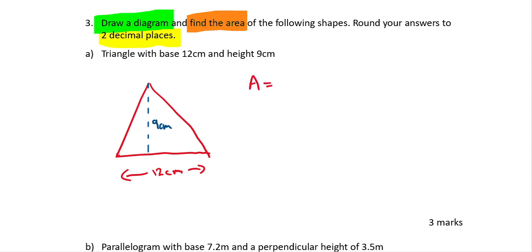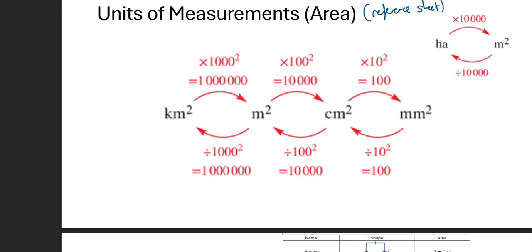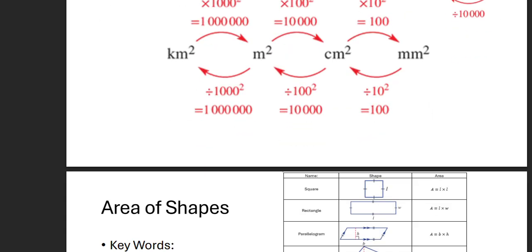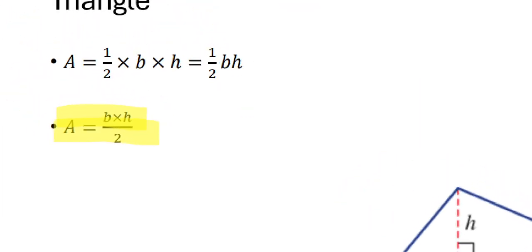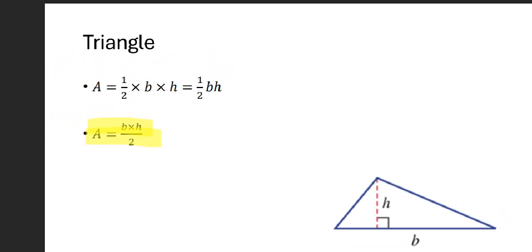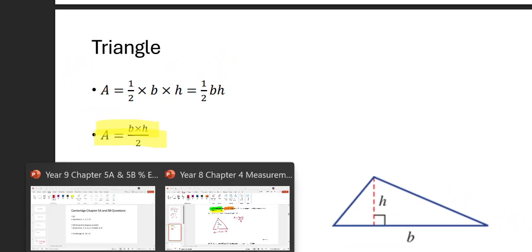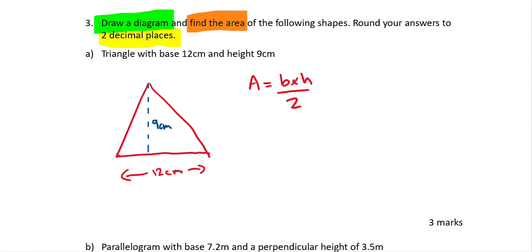The next step is to find the area of a triangle. The formula for the area of a triangle is base times height over 2. If you don't remember it, just refer back to your cheat sheet. It is right here. Base times height divided by 2. Now I know what my base is and I know what my height is, so I'm just going to substitute the values in. 12 times 9 over 2.